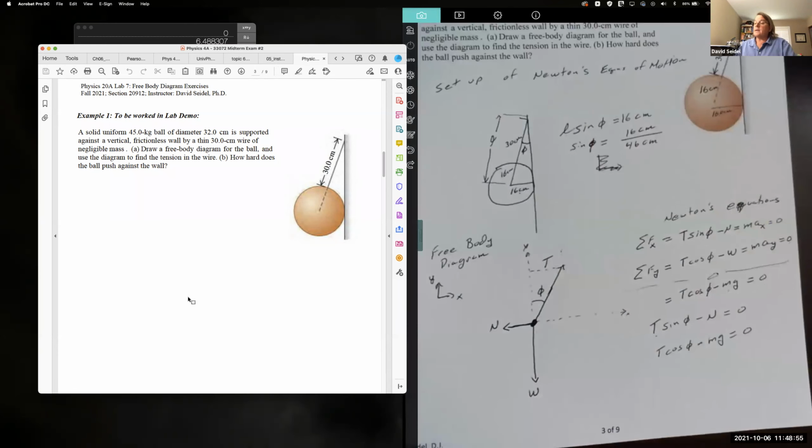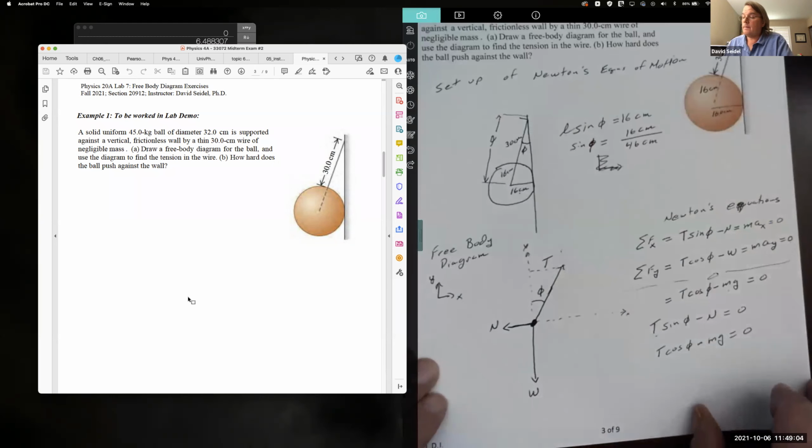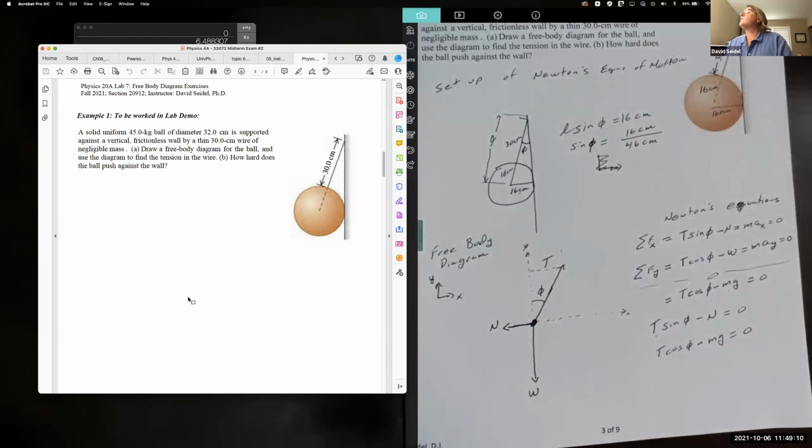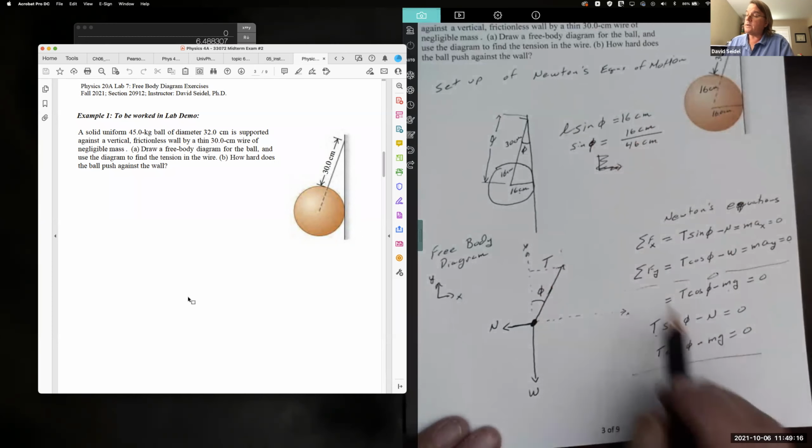So you can get sine phi there, all right? So if you have sine phi, you can calculate phi. So phi, you know as well. And so you have 2 equations, 2 unknowns.